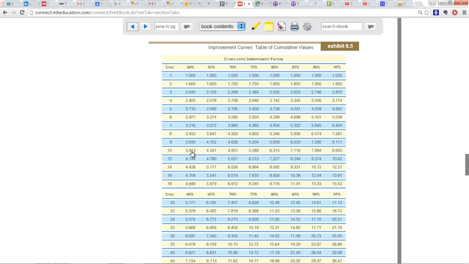So this gives us the relative amount of time, 3.813. Basically, you're saying to build the first 10, multiply the time it took for the first by 3.813, and you will get, along the learning curve, how much time it took for the first 10. Keep that in mind. And the question is, how long does it take to do the next 190?